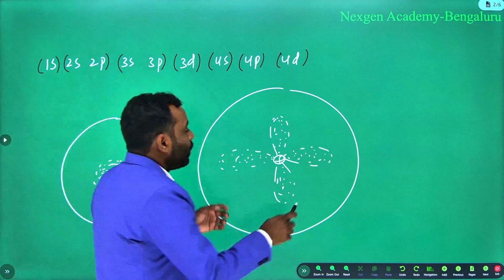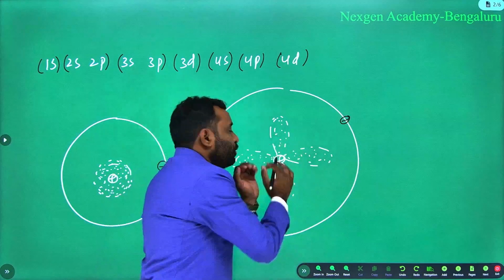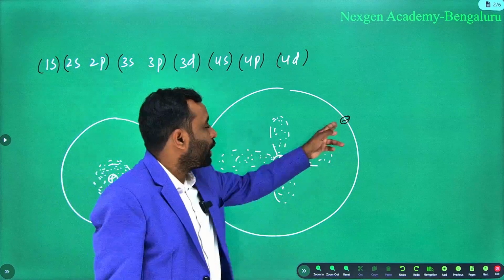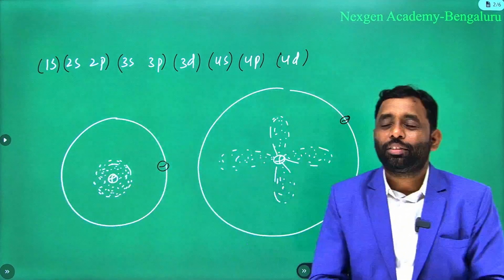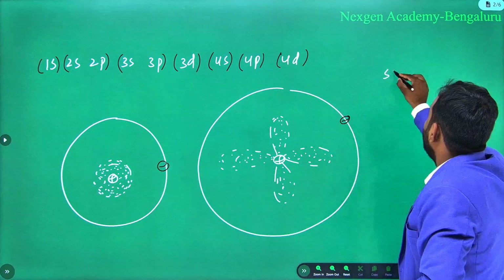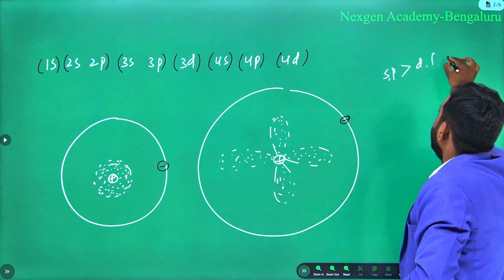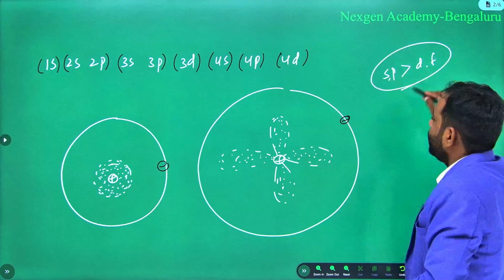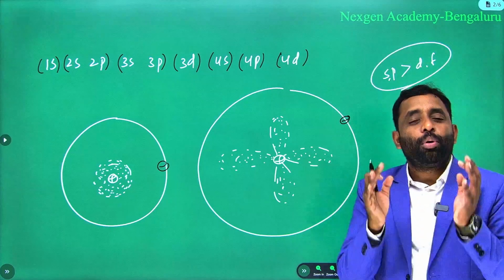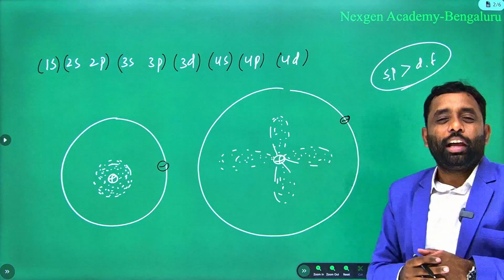Clear, right? So, for example, a d electron is here. The concentration around the nucleus is less. Obviously, it cannot protect the outer electron effectively. That is the reason why s and p have more protecting power than d and f electrons. The shielding or screening effect order is this: s and p have more screening or shielding capacity than d and f electrons.